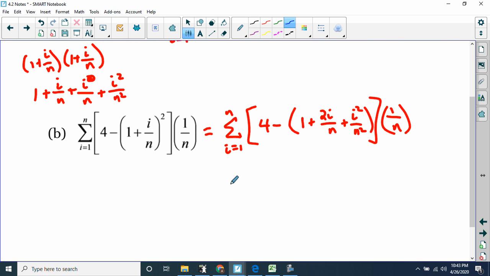Distribute your minus sign here. So I've got 4 minus 1. Go ahead and combine those. Minus 2i over n minus i squared over n squared.